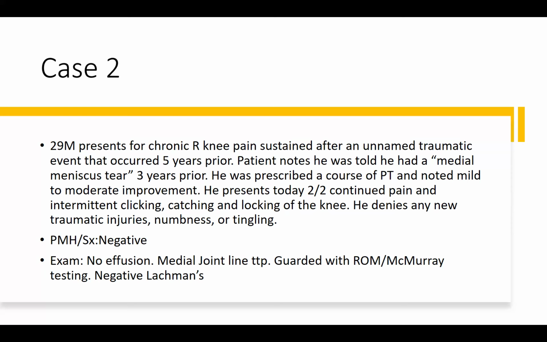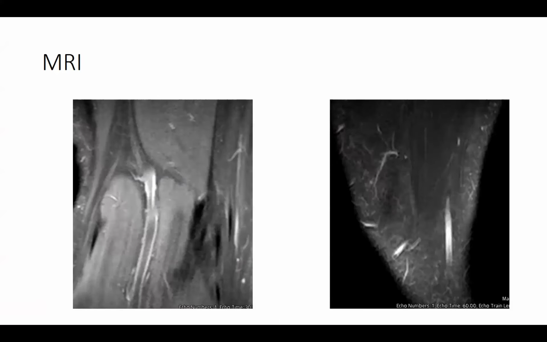His past medical history is negative, and he presents today without an effusion. He has medial joint line tenderness to palpation. He's guarded with range of motion and McMurray testing, and he has a negative Lachman's exam. Similarly, MRI was obtained for this gentleman as well.